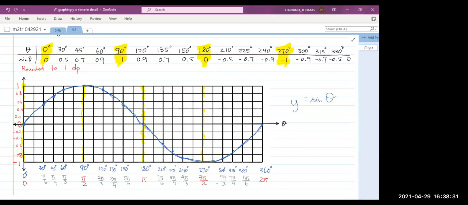Let me know if you are done. I want you to get this graph as detailed and as precise as possible. Let me give you one more minute to make sure that everybody is done with this.